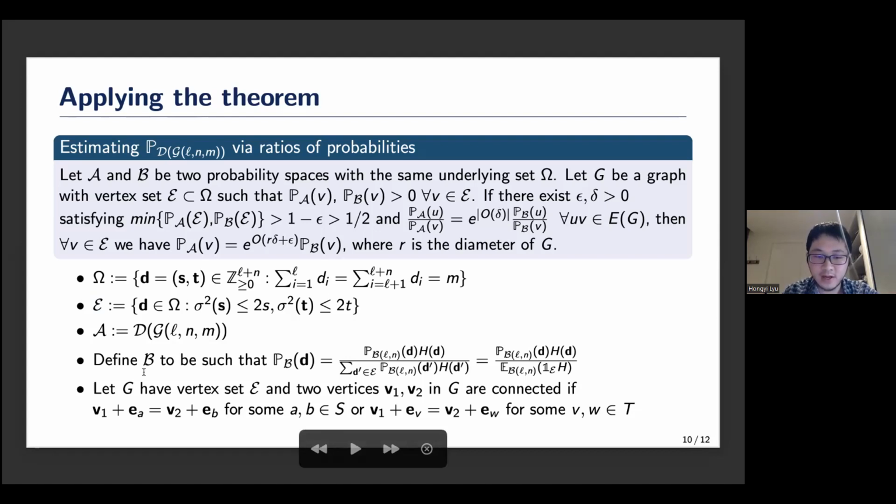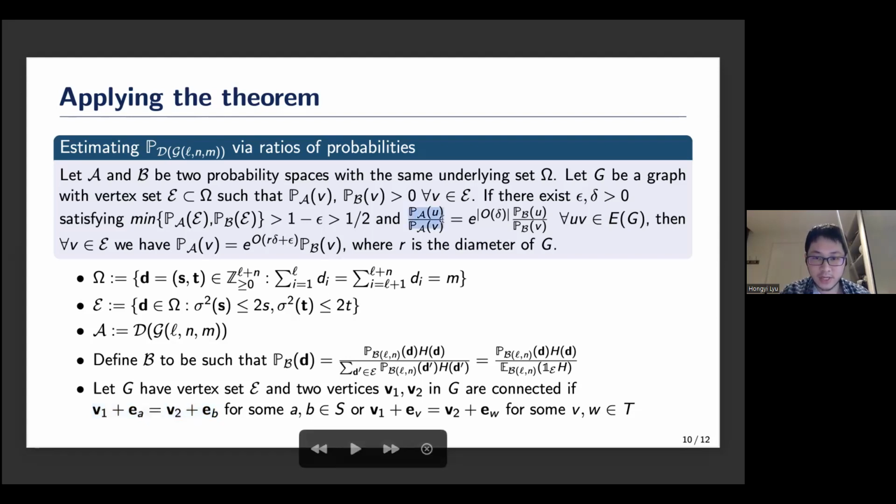And finally, for the graph G, whose vertices are the degree sequences, we let two vertices, or should I say two degree sequences, be connected if either of these two conditions are satisfied. And we can already see the connection between this construction and the ratios before, because if we denote this by D, then we have V1 equals D minus EA and V2 equals D minus EB.